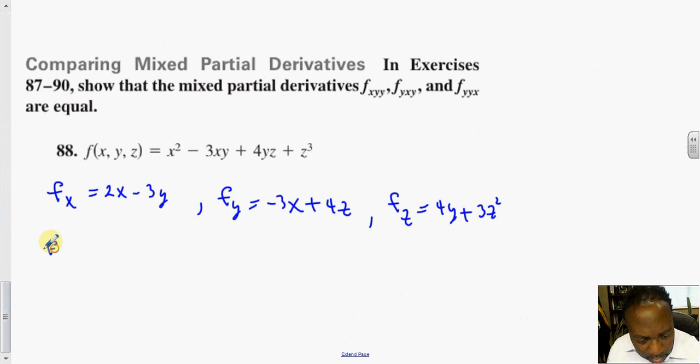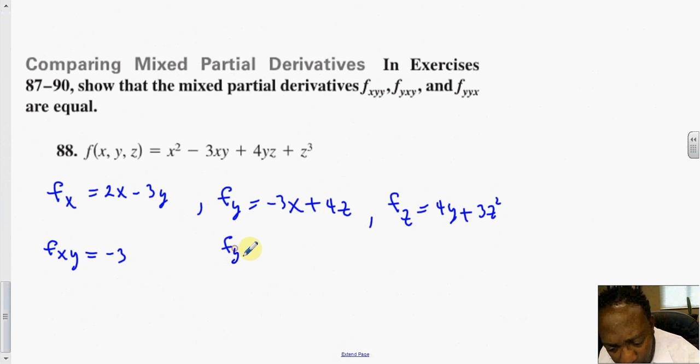Now we find the partial of f with respect to x, and then y, right? Because they want us to find that. So the partial of f with respect to x and then with y is negative 3. The partial of f with respect to y and then x, we need that one, is negative 3.